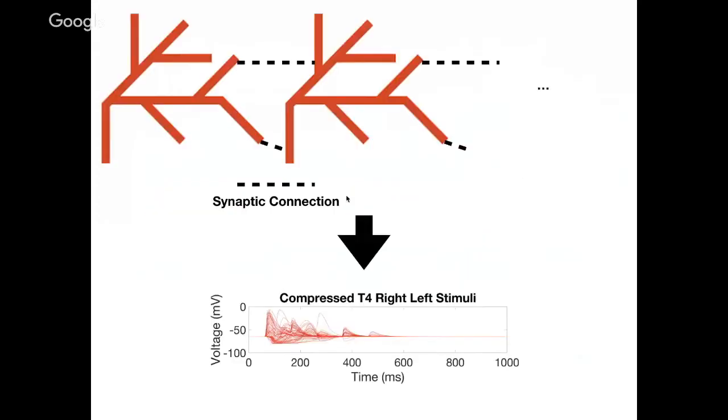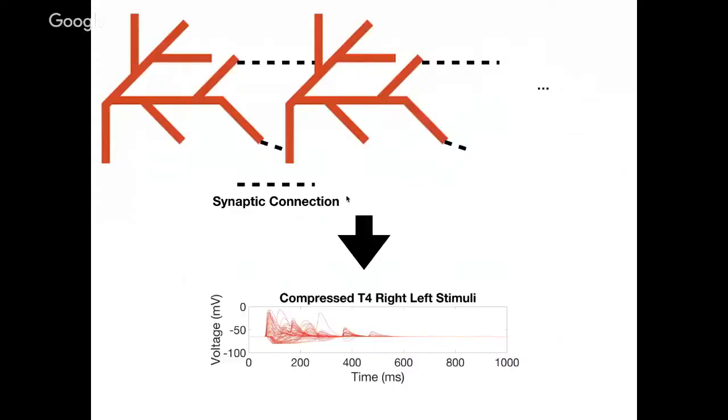Now we're going to return to this model and simulate it. We're going to notice that we received the dynamics of this one particular population of neurons, which is considered the T4 section. I would say that each line you see in this plot, in this compressed T4 right-left stimuli, is the membrane voltage of one single neuron over time.